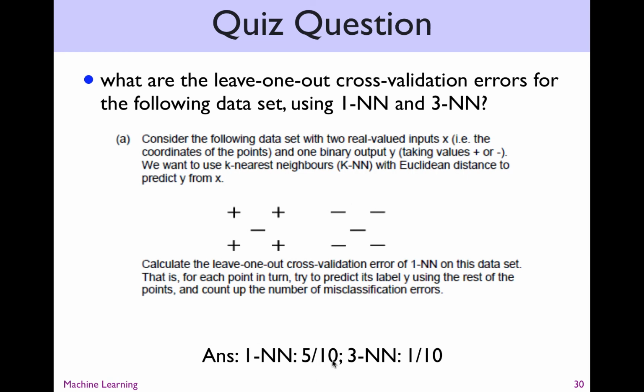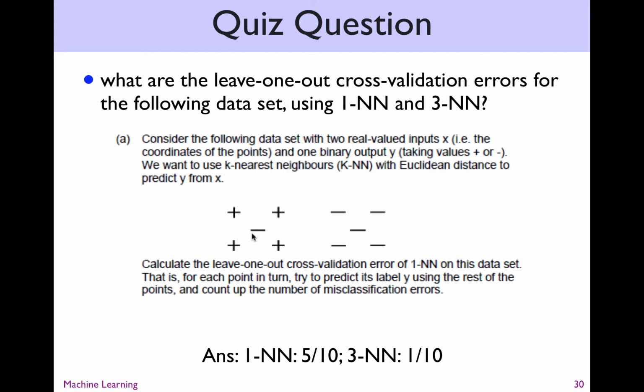So it's half. Now 3 nearest neighbor, then these are also correct. What about this guy? What are the 3 closest data points in the training set? Well, this one, and this one, right? By majority vote, this guy should be labeled positive, which is correct. Same for here, same for here, same for here.